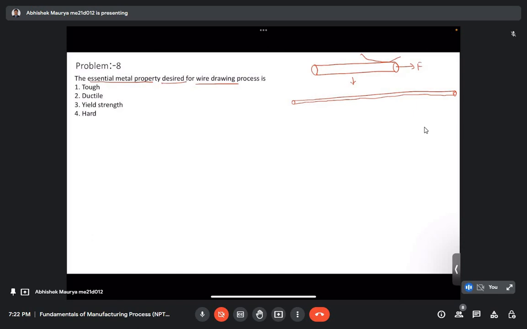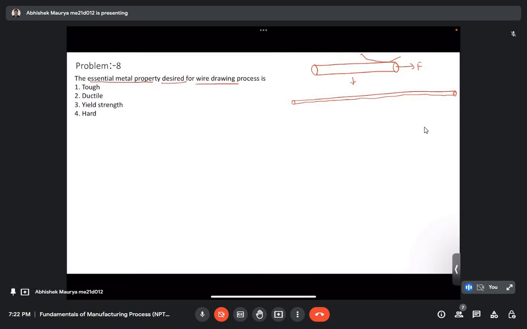Directly or indirectly, all of them are important, but the one property which is mandatory, the most important property needed for wire drawing, is the ability of the material to get elongated.